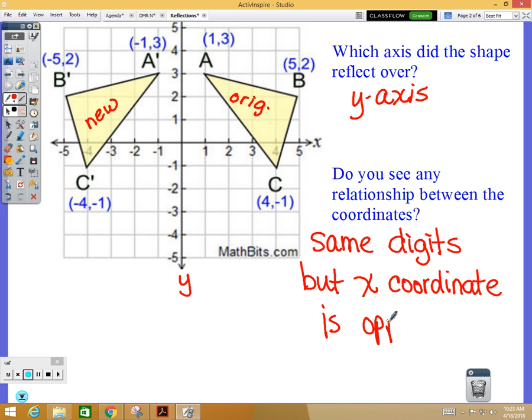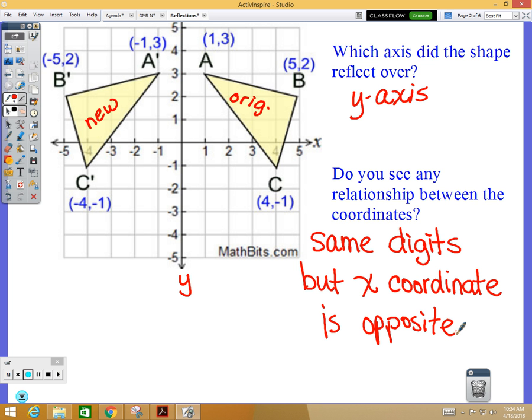Do you want me to put opposite or do you want me to put negative? The reason I'm putting opposite is because if this was our original shape, then our x-coordinate would become positive. So technically it really is the opposite, okay? Remember, opposites are the positive and negative. So the same digits, except the x-coordinate is negative.